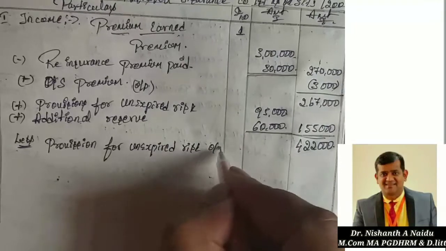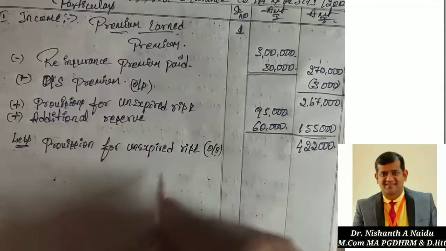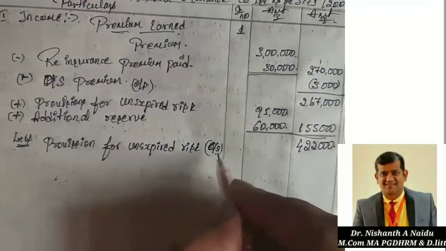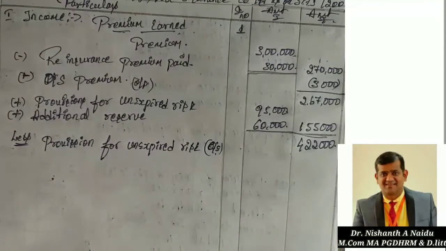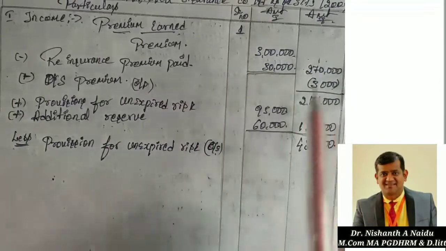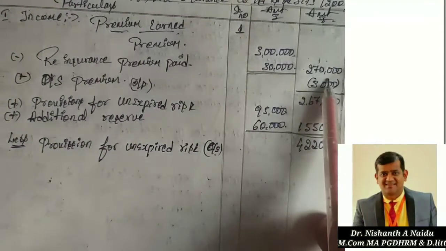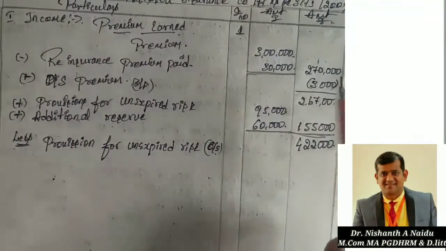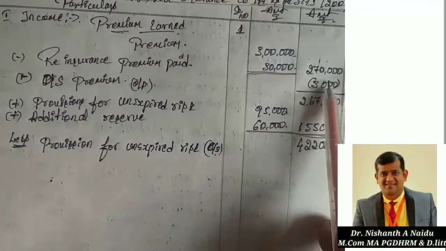That is, how much closing value we have to see. Closing we should always calculate on the net premium. I have already told you in my previous classes also. So the net premium is 2,70,000. If it is fire insurance, 50% of it is the standard, and for marine insurance it is 100%.